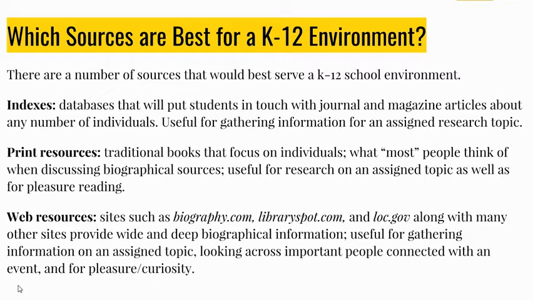Print resources, these are the traditional biography books that I think many of us think of when we consider biographical resources. And web resources are very beneficial for students. It will give them the opportunity to get a quick insight into a certain individual. It might prompt them to do a little bit deeper research down the line.